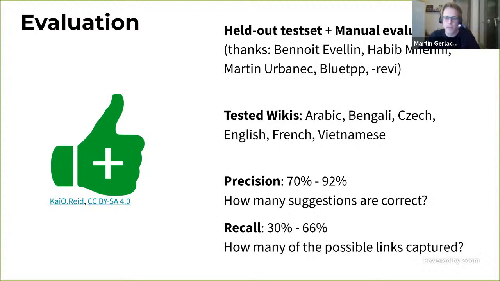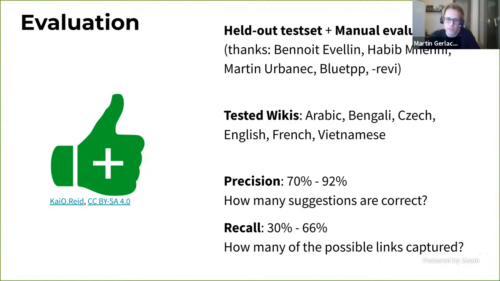We do an offline evaluation based on a held-out test set of linked sentences, but we also did a manual evaluation with volunteers and ambassadors from different language communities, six communities in total. We found that, varying across the different language versions, between 70 and 92% of the cases, these link recommendations were judged useful.